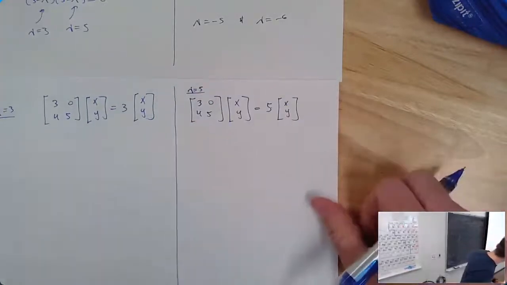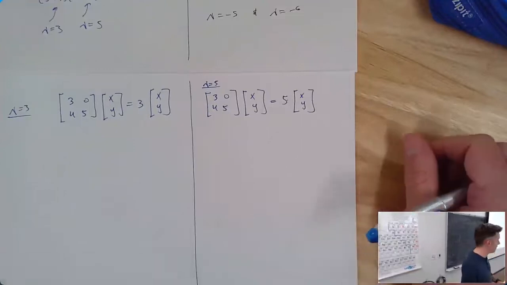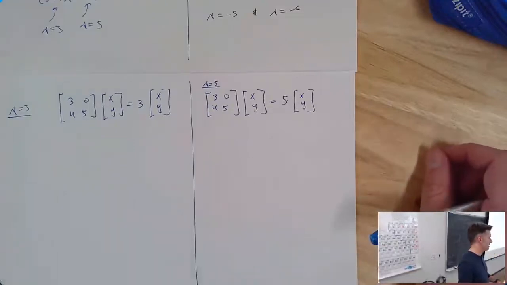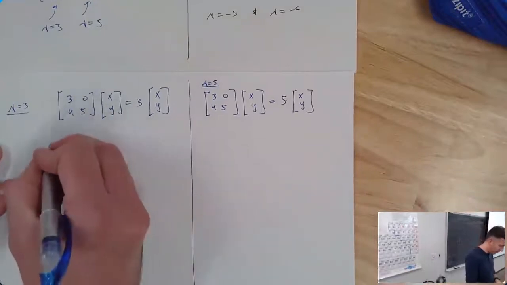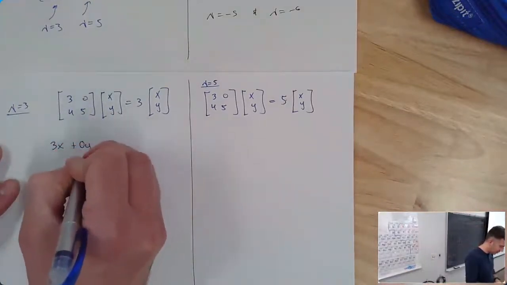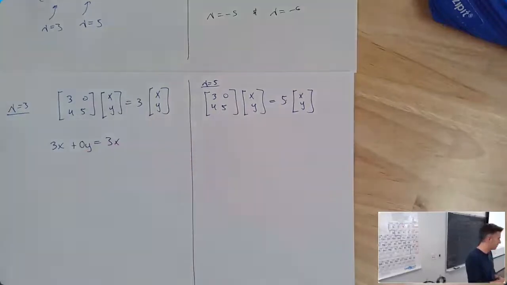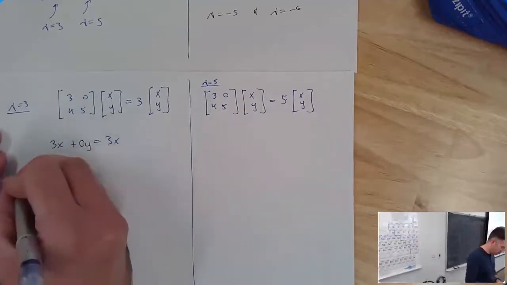So typically, I like to look at the first row's worth of equations because it's just where my eyes go first. So looking at the first row, we have 3x plus 0y equals 3x. And that tells me absolutely nothing. X can be anything. That doesn't help. So I move on.